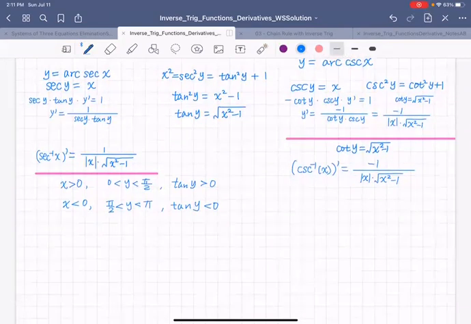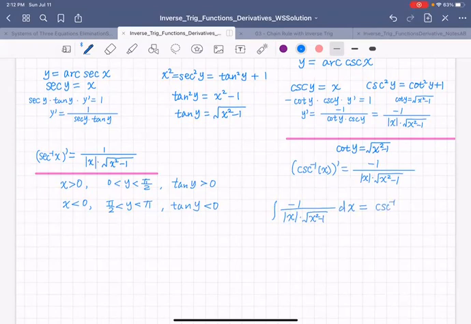For both Dulles Academy and Clement High School, your AP class for calculus, no matter if it is AB or BC, you need to know those kinds of things. If they give you this, you need to write down the answer. You need to know that is cosecant inverse x plus a constant value, because that derivative is this.